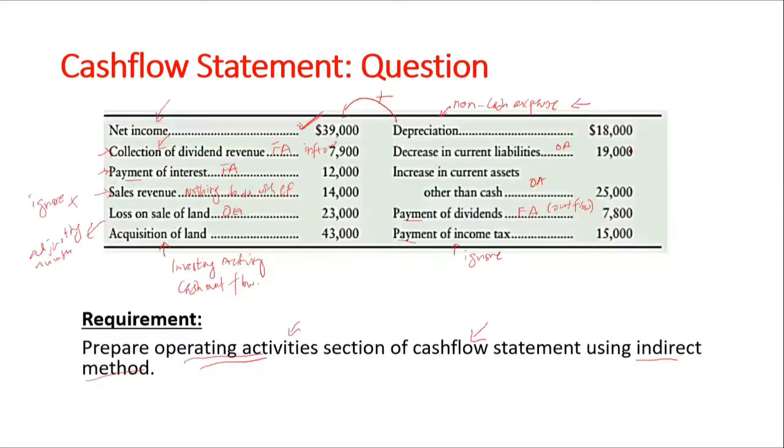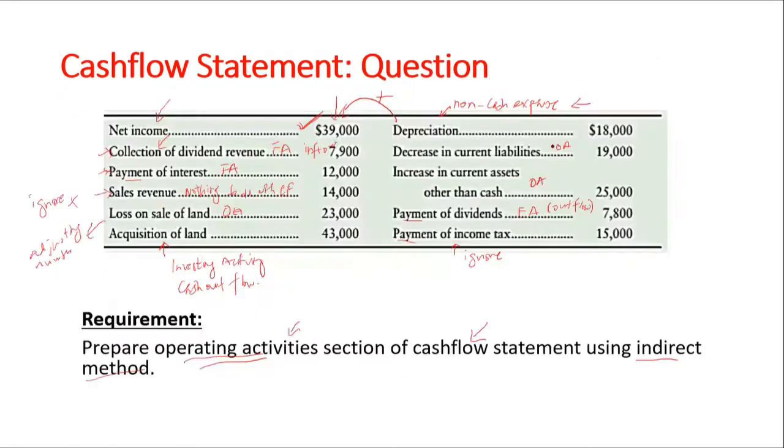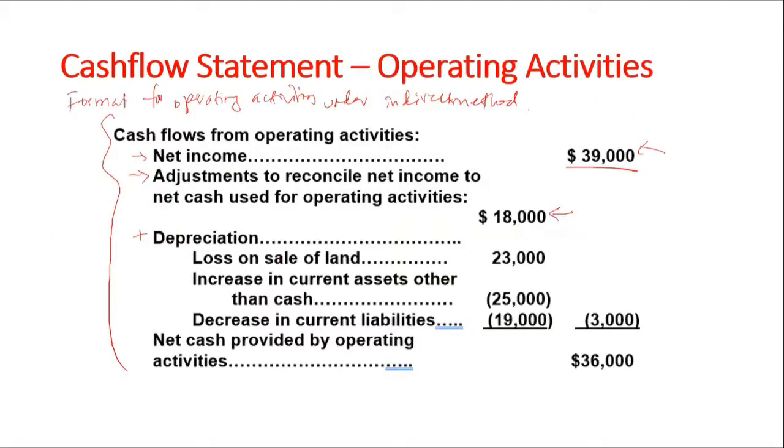So if you go back, 39,000 is this number, net income. And then we will do some adjustments. The first adjustment that we will make is to add depreciation. So if you see here 18,000, if you go back, we have the depreciation number here as 18,000. So we add depreciation expense because this is a non-cash expense. So we add back the depreciation.